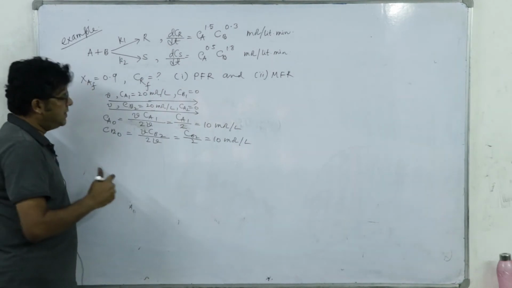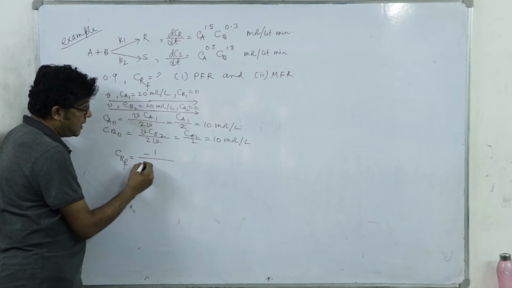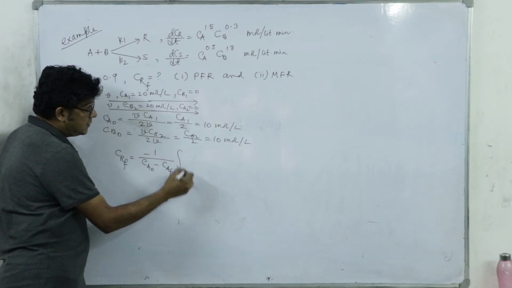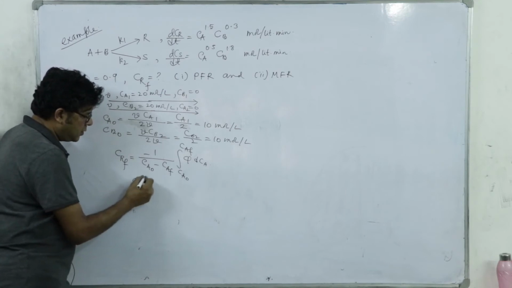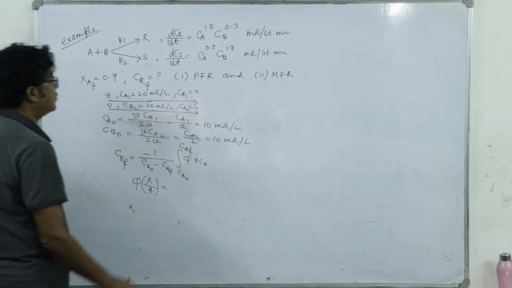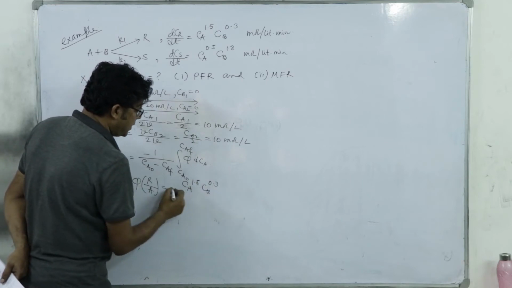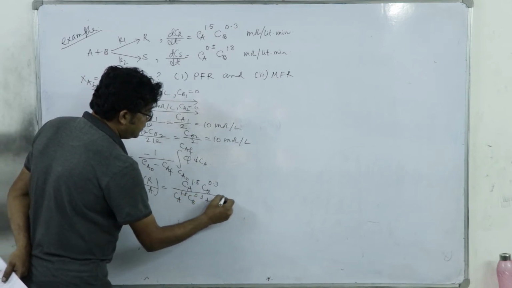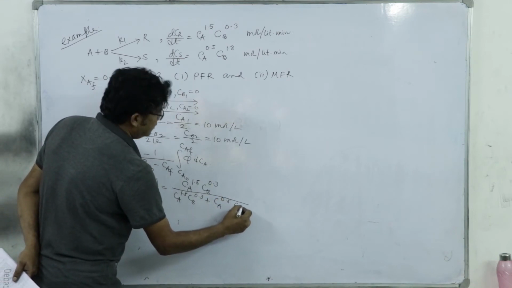Now if I think of PFR, what is CRF? CRF is minus 1 over Ca0 minus CAF, integral from Ca0 to CAF of phi dC. Now what is phi of R with respect to A? This is a standard notation we use. This is Ca to the power 1.5, Cb to the power 0.3 divided by Ca to the power 1.5, Cb to the power 0.3 plus Ca to the power 0.5, Cb to the power 1.8.